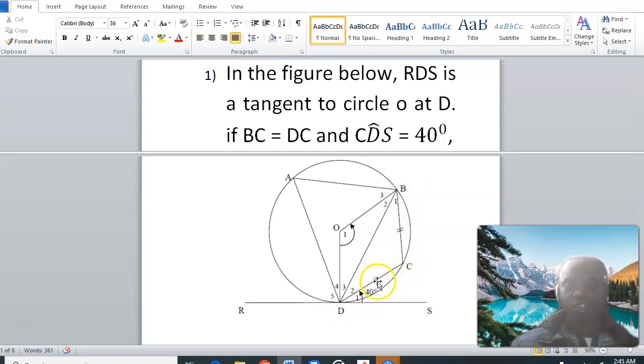Then angle CDS is equal to 40. The angle is on D. So CDS is equal to what? 40 degrees.